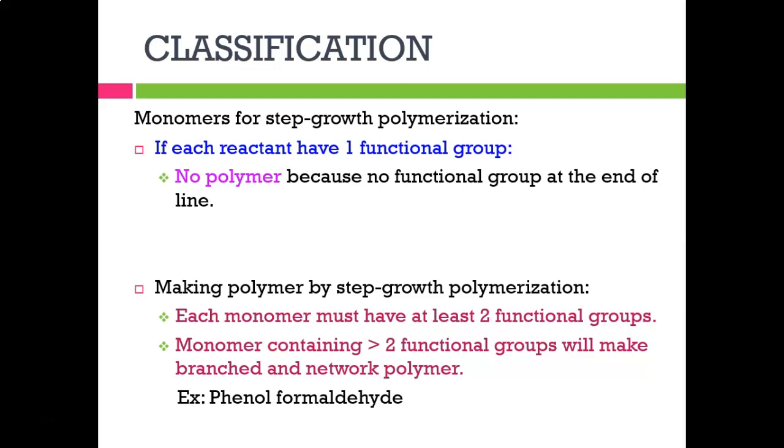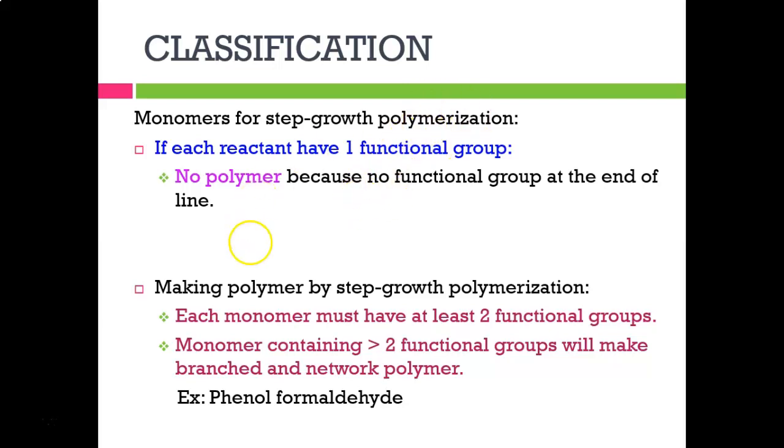Kalaupun dia ada satu monomer kan, tapi dia mestilah ada functional group yang berbeza dalam satu structure monomer tu. For example, bifunctional. Okay, kalau ada NH2 sahaja kan, NH2 lepas tu dekat hujung monomer tu pun dia NH2, dia tak boleh jadi polymer.